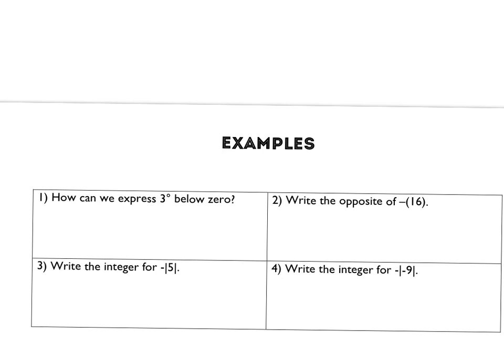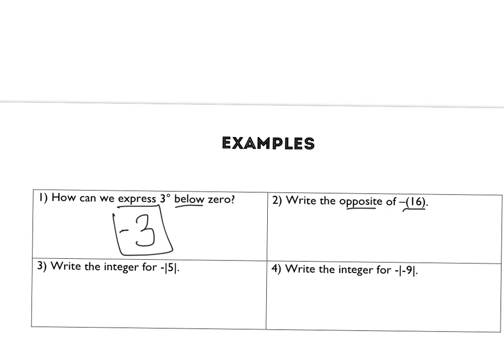Now let's take a look at some examples. How can we express 3 degrees below 0? Well, here we have 3 degrees below 0. Write the opposite of -16.